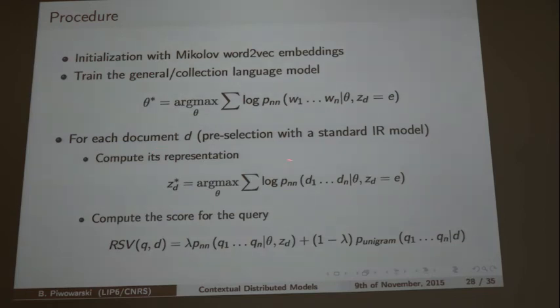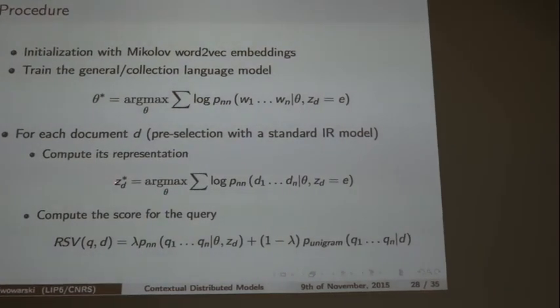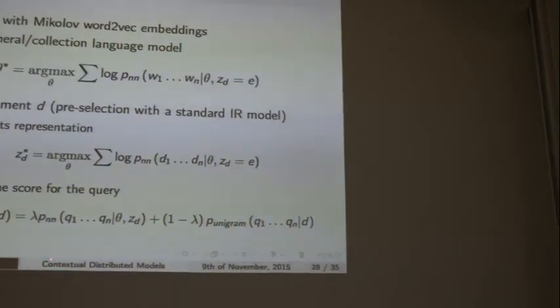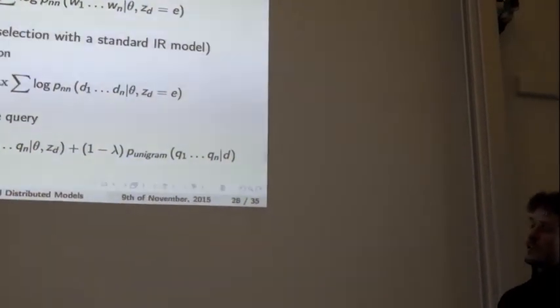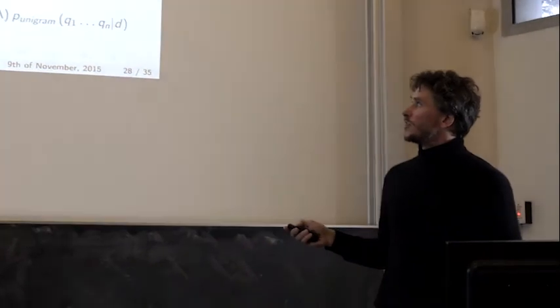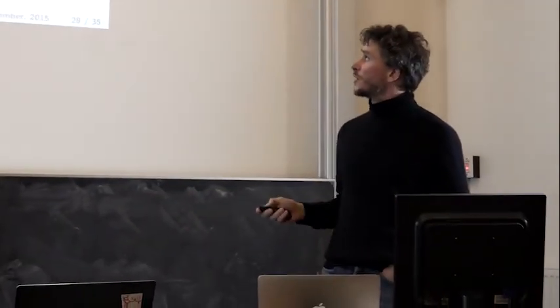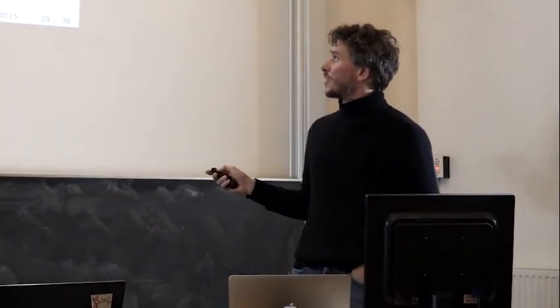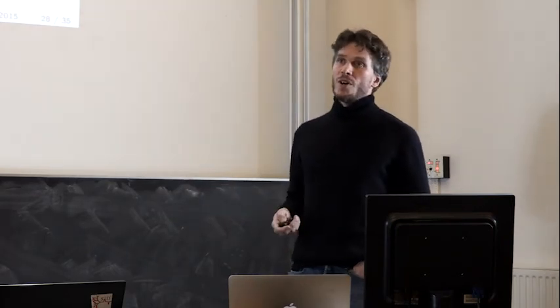And then for each new document for which we want to predict the relevance to a query, or basically the probability of generating the query, we compute the vector, and then we have a score which is a linear combination between the generation probability given by the neural network and the unigram distribution.